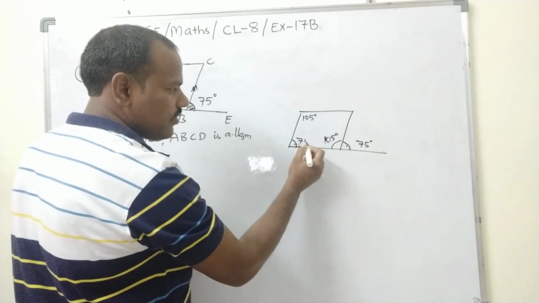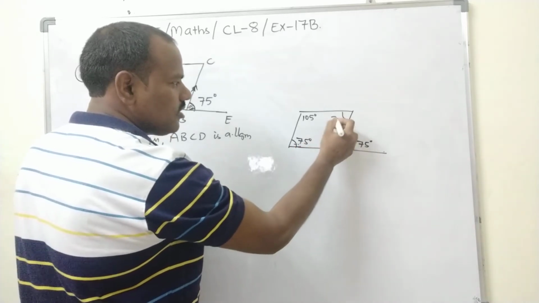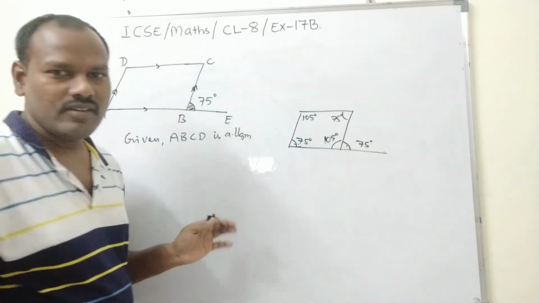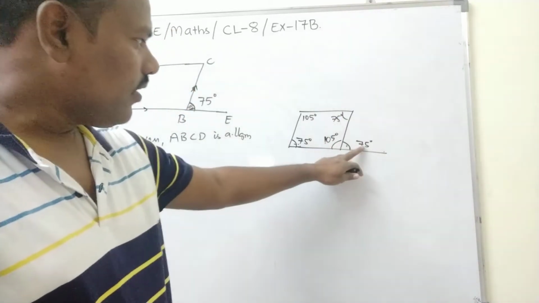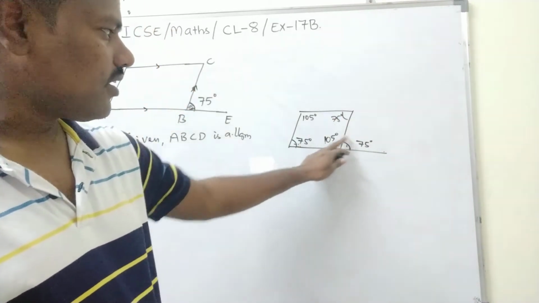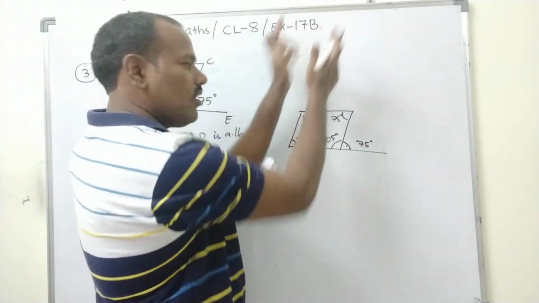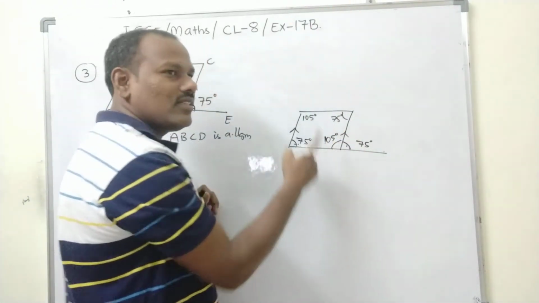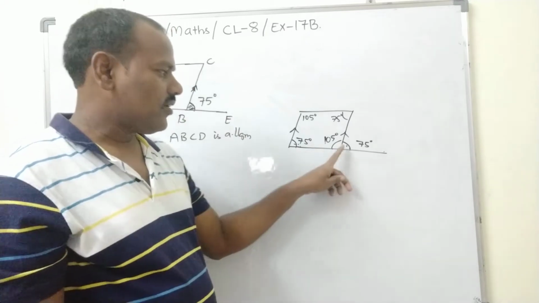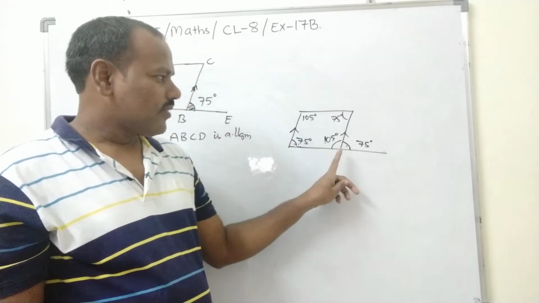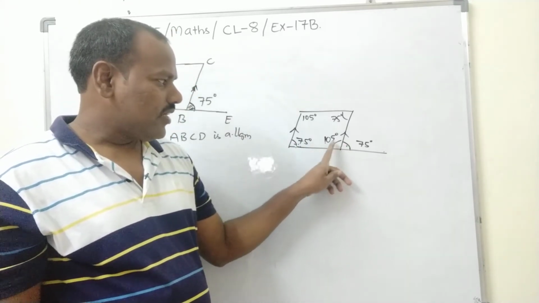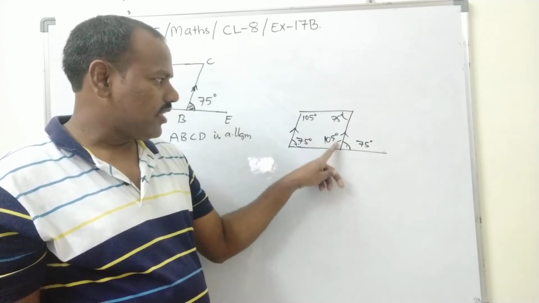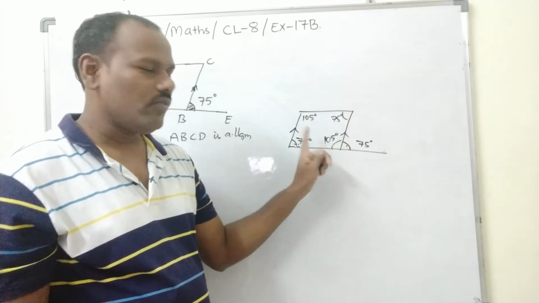If this is 75, this is also 75, because corresponding angles, these two lines are parallel. Then this will be 180 minus 75 equal to 105. Opposite angles are equal. So 75, 105.